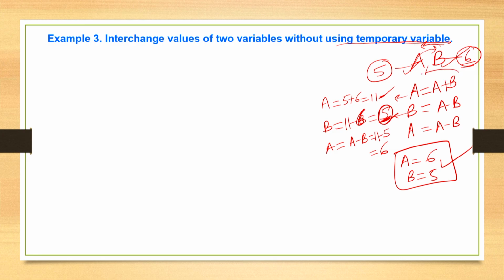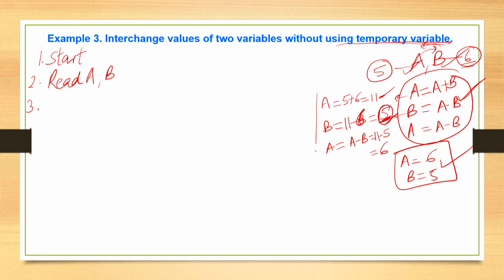So here I have used these steps and checked whether what I have written gives the right result or not. So let's write its algorithm. The first step says start. Then the second is read the values of A and B. Then what you have to do?